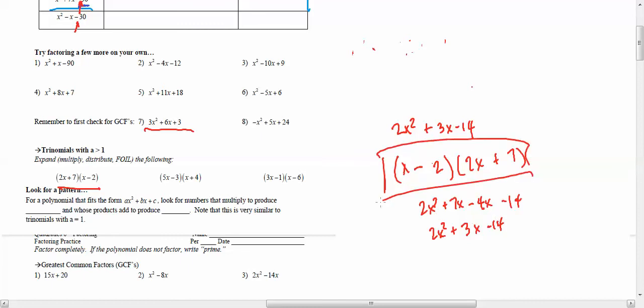Like I said, if there's a number out in front over here, the game really becomes guess and check. And it's not pure guess and check. I'm not just throwing in random numbers, but I will probably have to do a few guesses in order to get the right answer.